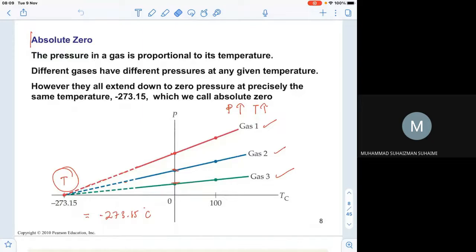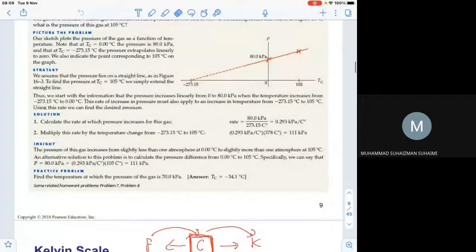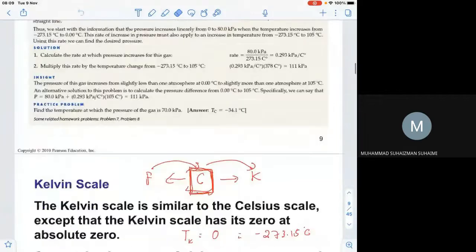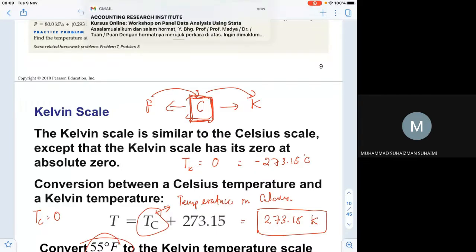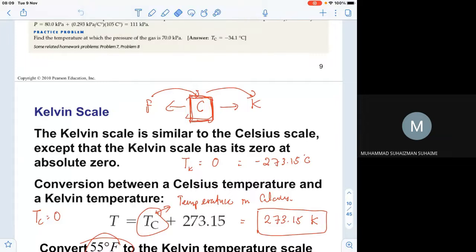The Kelvin scale is always related to the Celsius scale. So the main point here is, if you want to convert from Fahrenheit to Kelvin, you must go to Celsius, and then from Celsius you can convert to Kelvin. Likewise, if you want to convert from Kelvin to Fahrenheit, you must come to Celsius, and from Celsius convert to Fahrenheit.